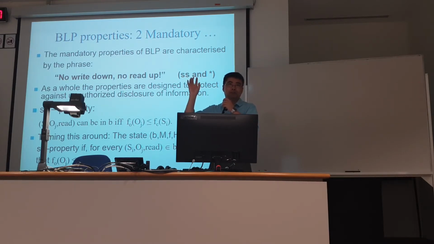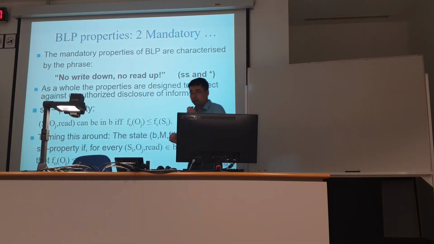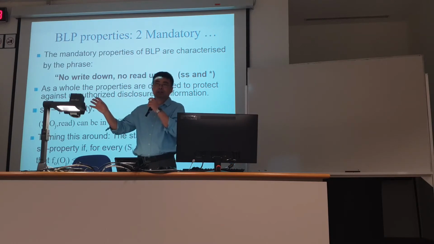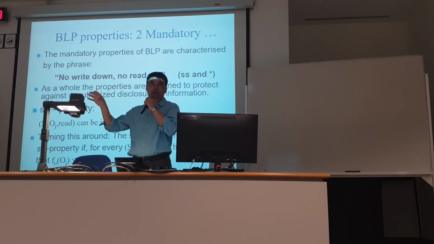So that's straightforward. No write down. This may not be that intuitive. No write down basically means a higher rank officer cannot write to a low level file. Why is this also important? Say you have a top secret level officer, the officer actually can read top secret documents.